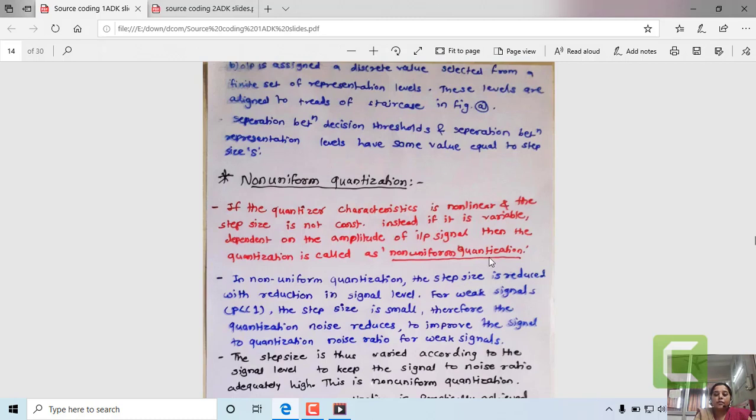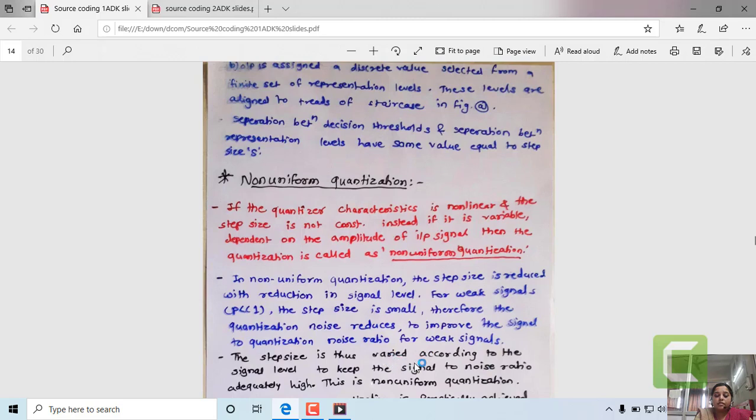So if the step size has to be reduced with some reduction level, then we say that non-uniform quantization is to be applied. Generally, for weak signals, the step sizes are kept very small so that the quantization noise will reduce, and it will improve the SNR value, that is, the signal to quantization noise ratio.